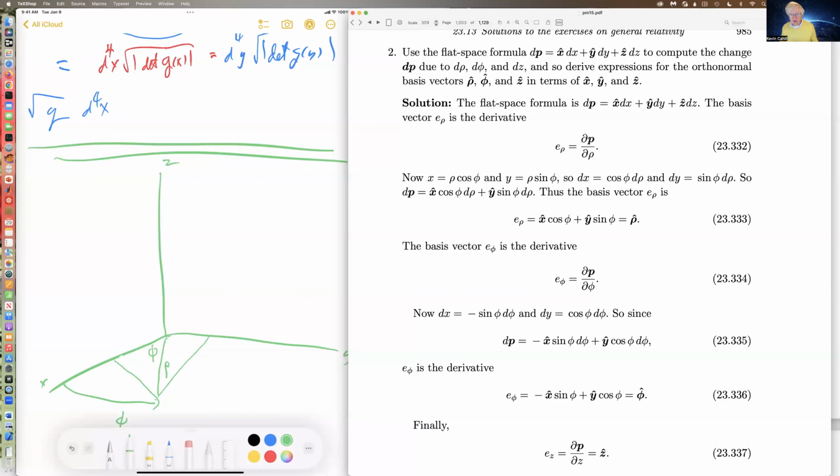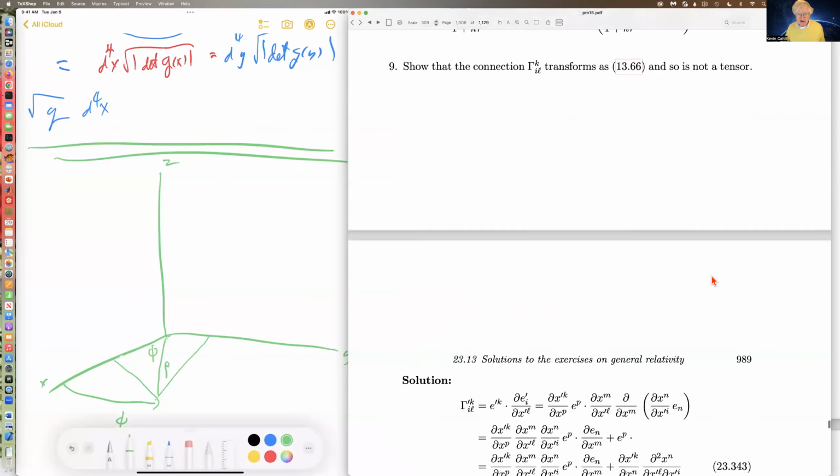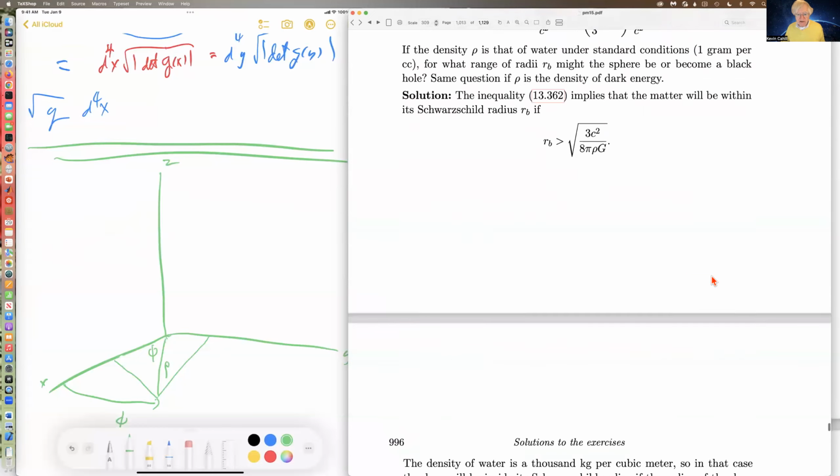We've got another week or so of this course, and I hope to get through the cosmology part. So, I'll just go to the derivation right here.